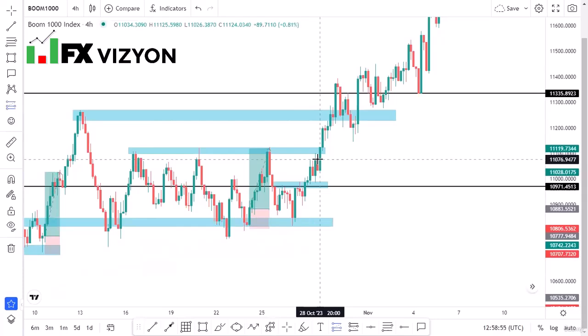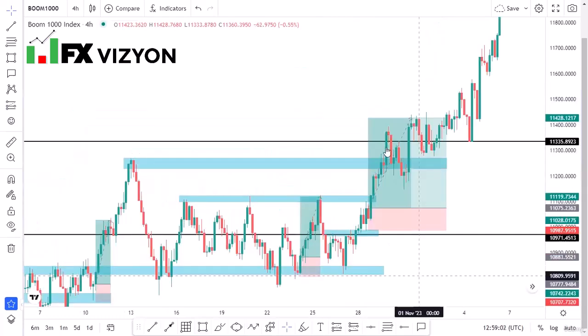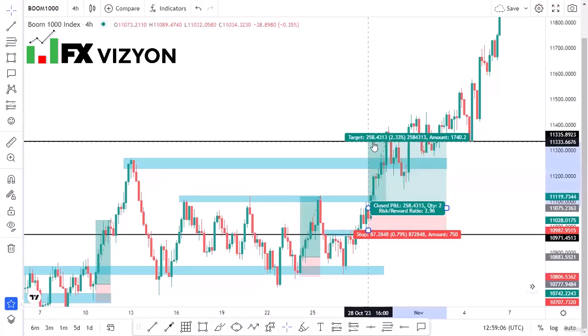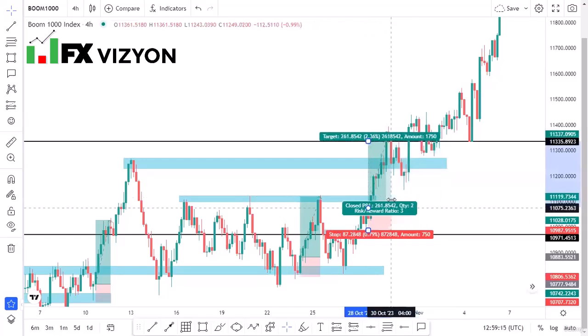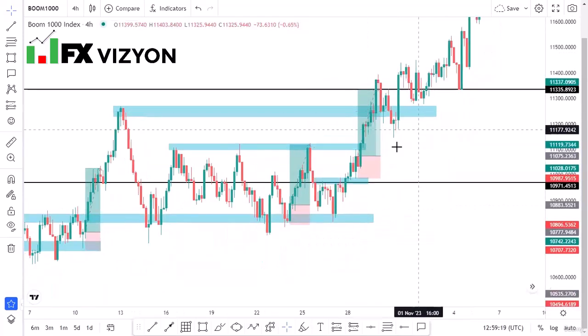So right here, we can take our entry and put our stop loss below here. And of course, we'll target somewhere a 1 to 3, somewhere right there. It's going to be a very nice trade.